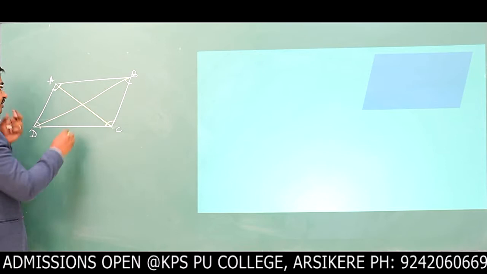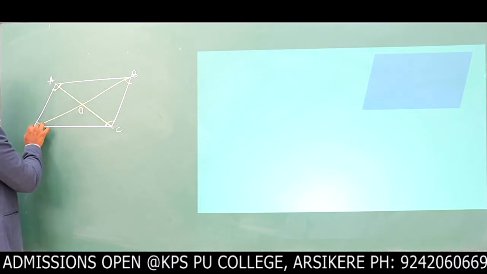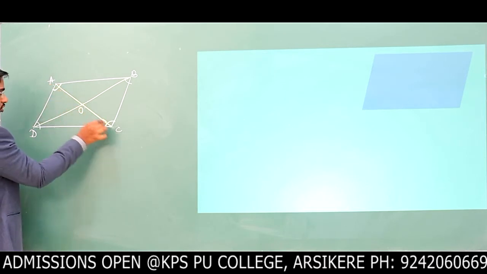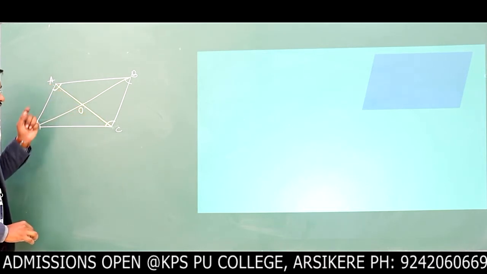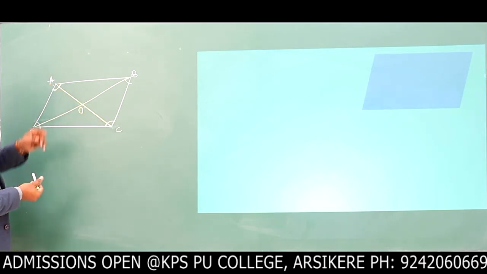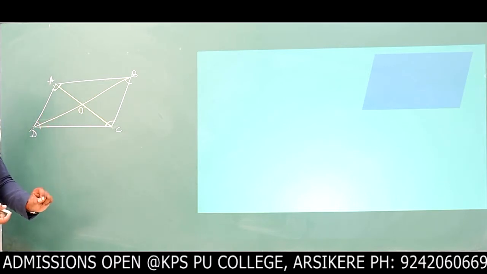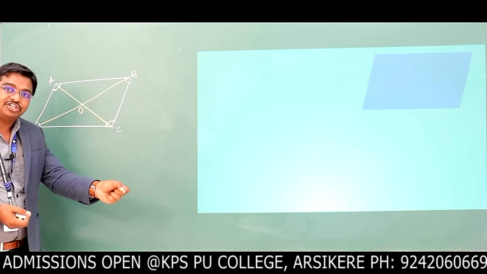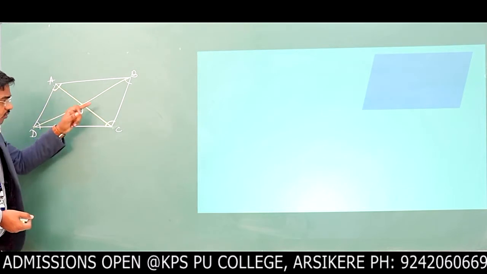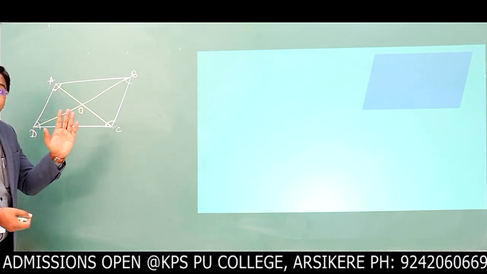If we take this as O, OD is equal to OB, and OA is equal to OC. So in a parallelogram, the diagonals bisect each other. And observe, are they equal here? No, they are not equal.